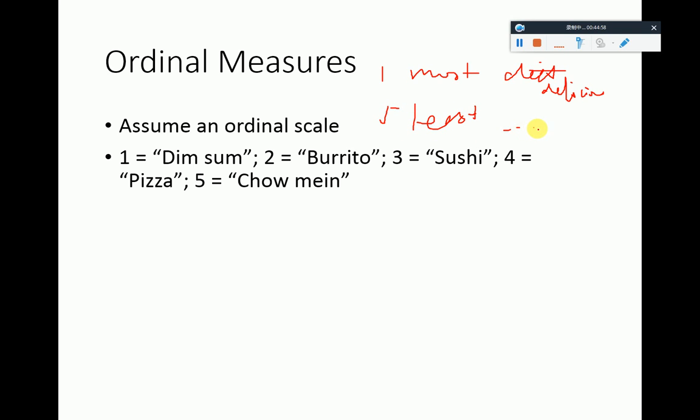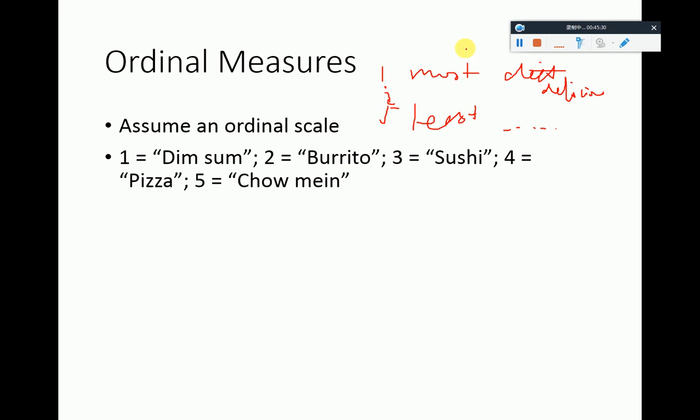We have, of course, 2, 3, 4 in between, and we assume these five numbers, 1, 2, 3, 4, 5, constitute an ordinal scale. When we apply this ordinal scale to Andrew's preference for food, Andrew assigned a 1 to dim sum, a 2 to burrito, a 3 to sushi, a 4 to pizza, and 5 to chow mein.